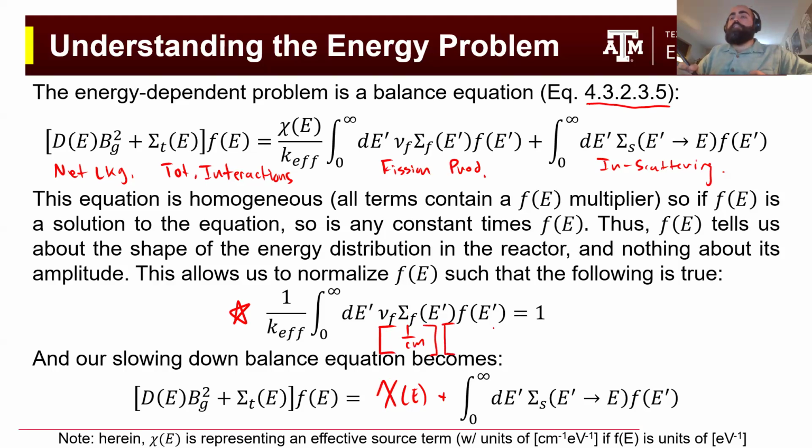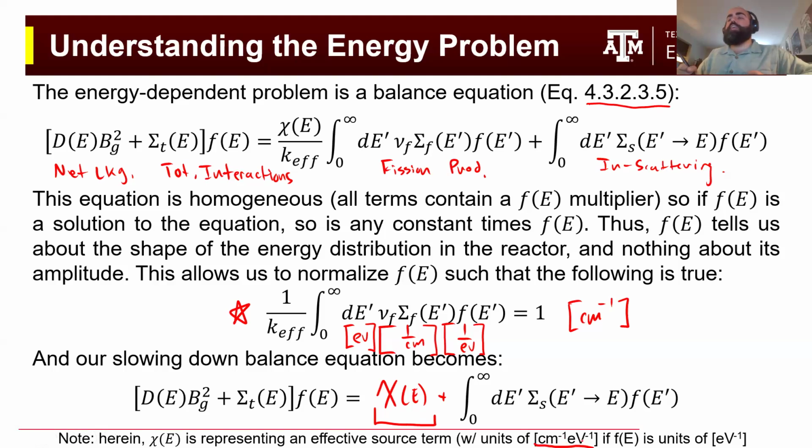And if this energy distribution has units of 1 over energy, and dE also has energy units, then overall this normalized quantity actually does have units of inverse centimeters. So that means that this chi of E right here technically has units of inverse centimeters and energy.